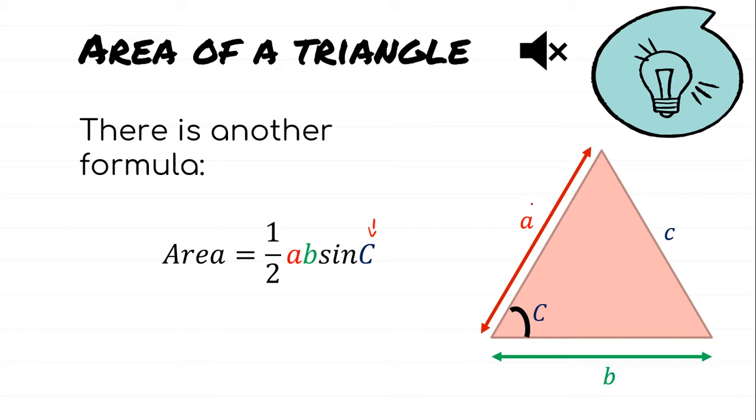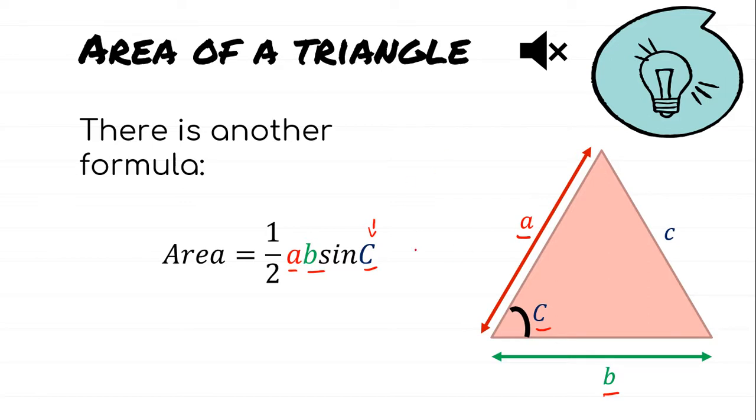If you've got a triangle A, B, and C with these three sides, you need to know one of the sides, the other side, and the angle that goes between them. If you know those three things, you can find its area using this formula rather than the previous one.